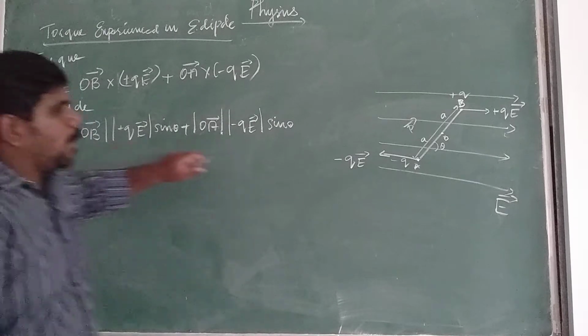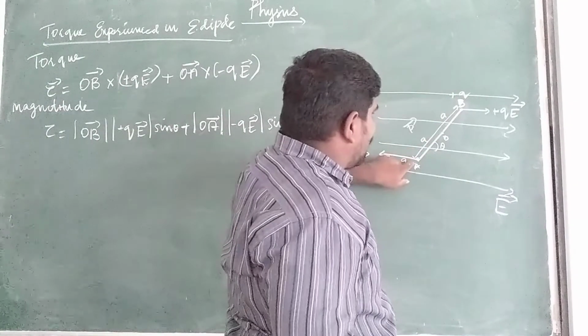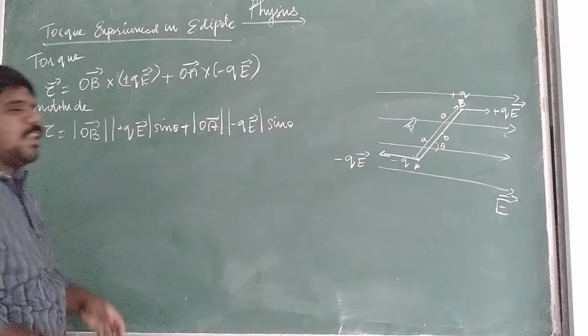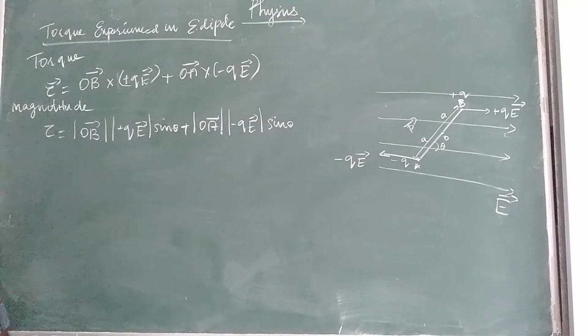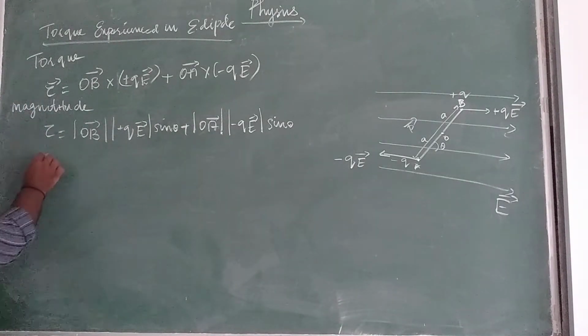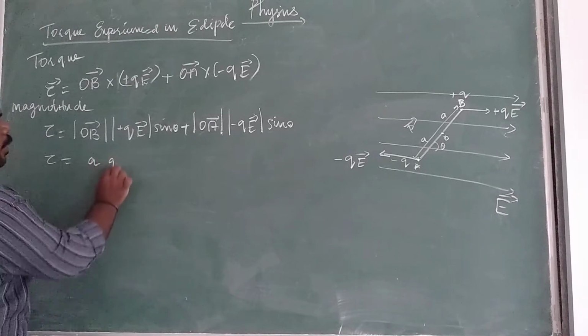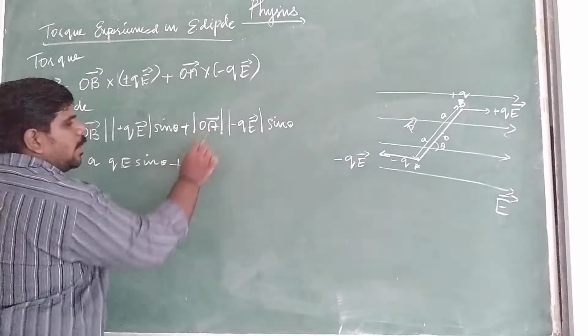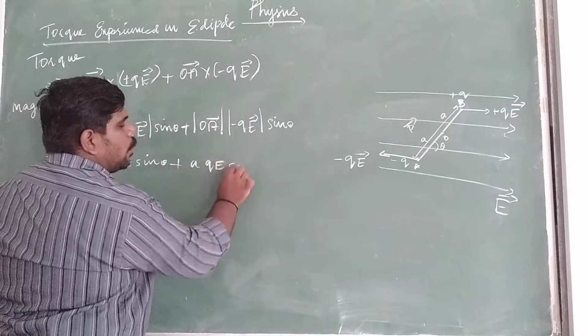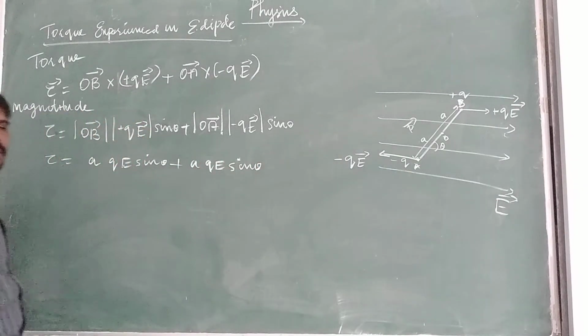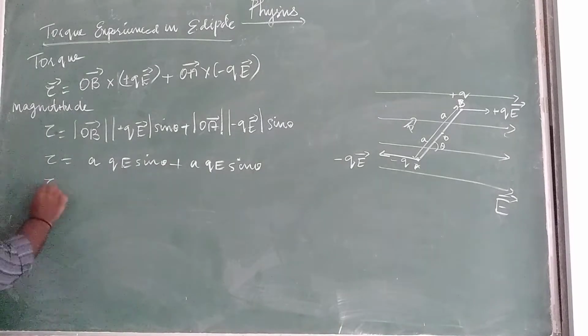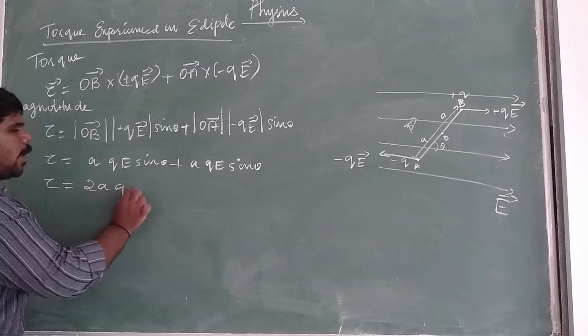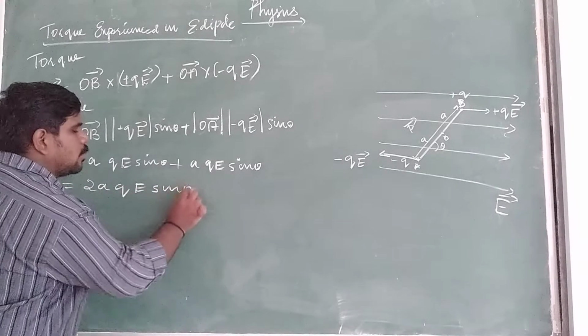Guys, what's the value of OB? a. What's the value of OA? a. And when you take the magnitude, it becomes positive, isn't it? So tau is equal to a Q E sin theta plus a Q E sin theta. So tau is equal to 2a Q E sin theta.